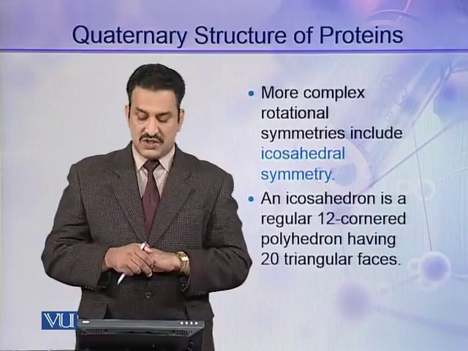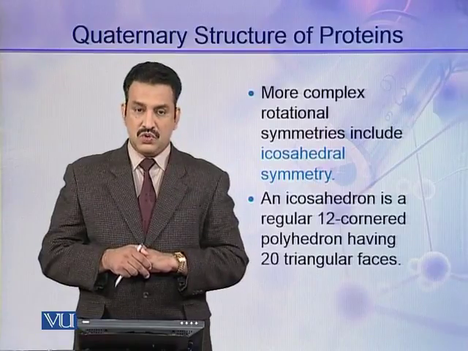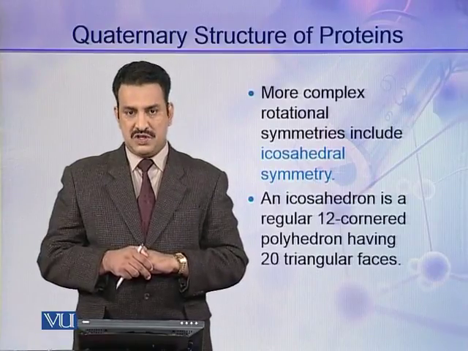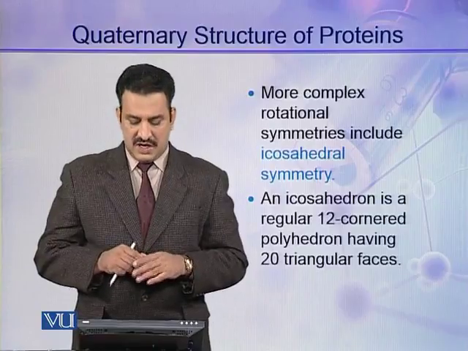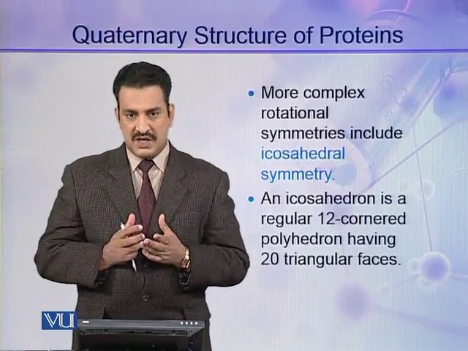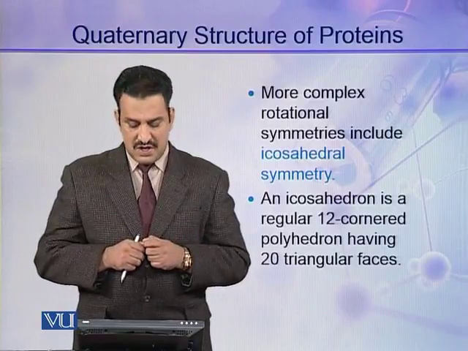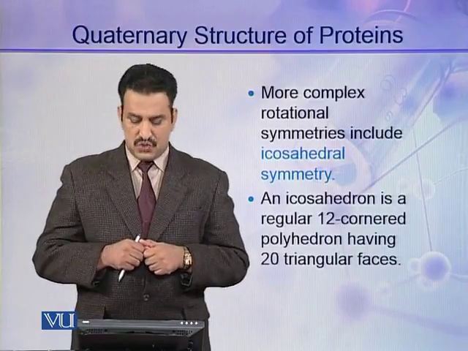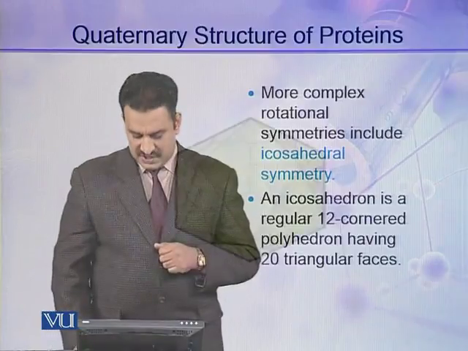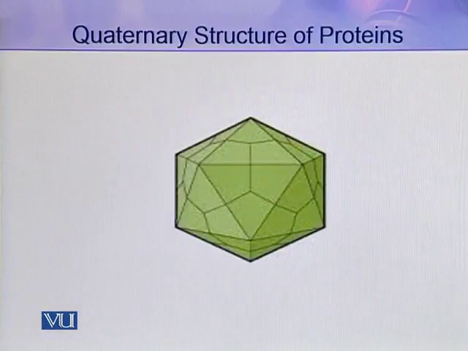A more complex rotational symmetry is icosahedral symmetry. In this, an icosahedron is formed. An icosahedron is a regular 12-cornered polyhedron with 20 triangular faces. For example, in this icosahedron, you can see 12 corners are present. These are corners of an icosahedron.